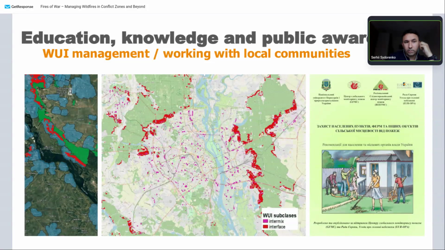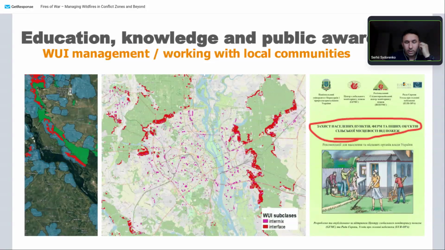And according to local communities, it is very important to do wildland-urban interface management. It is a funny thing because the term wildland-urban interface does not exist in Ukraine, first of all, so we need to even introduce this term. But even with that, one organization, the Regional Eastern European Fire Monitoring Center, prepared an adaptation of FireSmart for Ukrainian conditions.